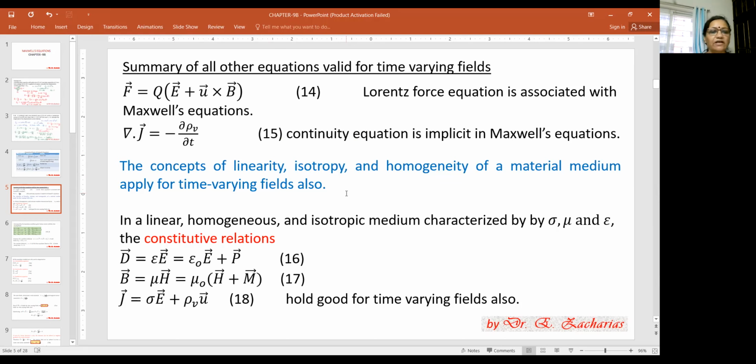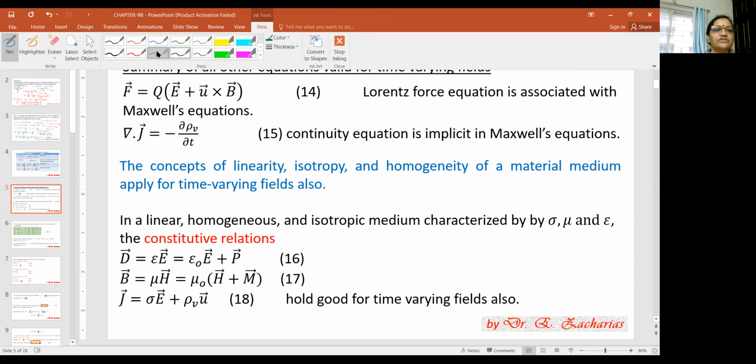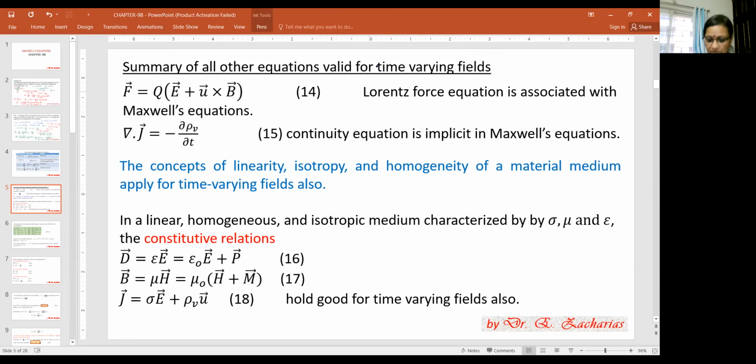Once we are done with that, let us go to the three equations called constitutive relations. They are called constitutive relations because these three quantities, sigma, mu, and epsilon, the values of these three define the property of any material medium.